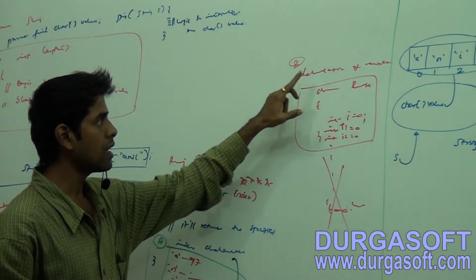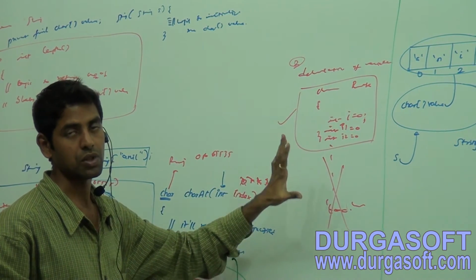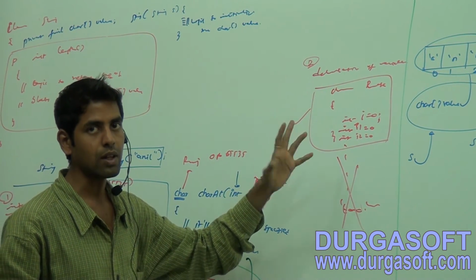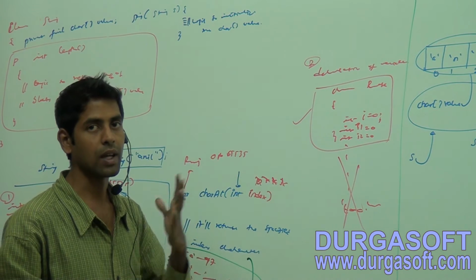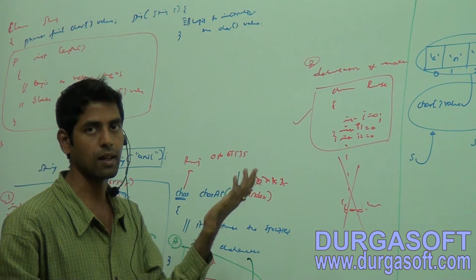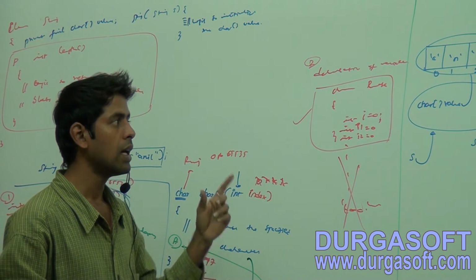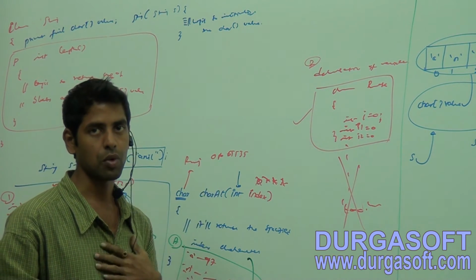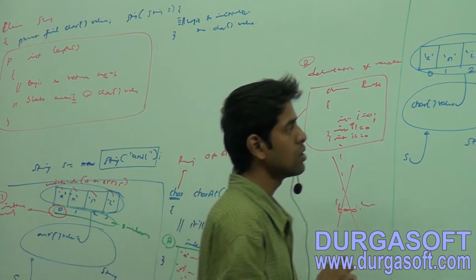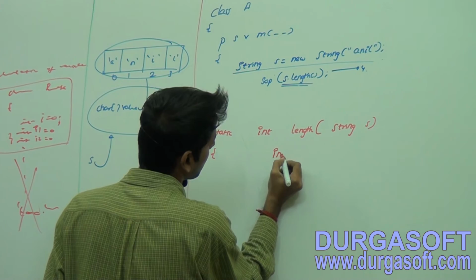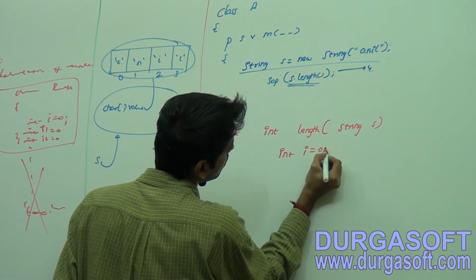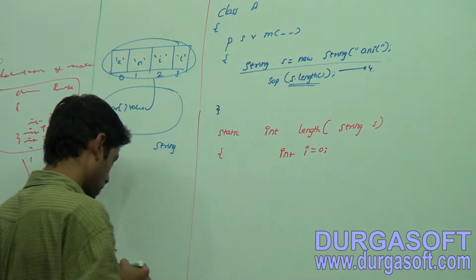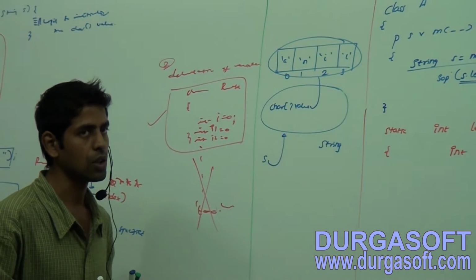Now I said one thing to you, we can declare any number of variables. Declaration of variables, we are having an opportunity. You can declare any number of variables. Now let me declare one variable to my requirement. So let's take one variable called i equals to 0.